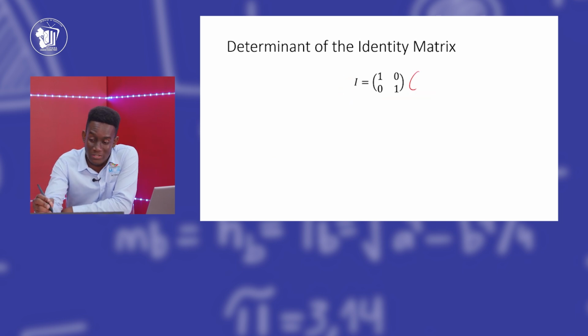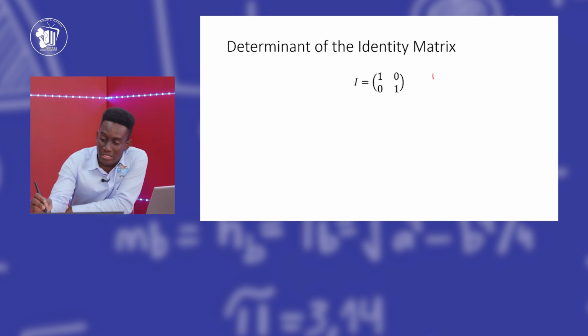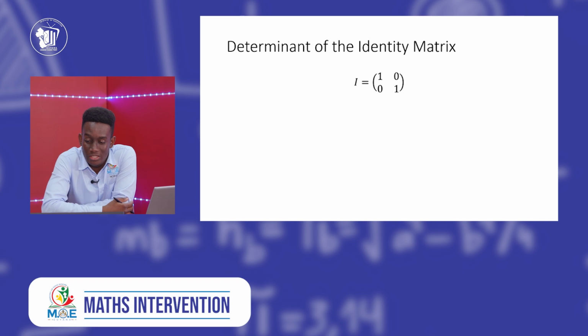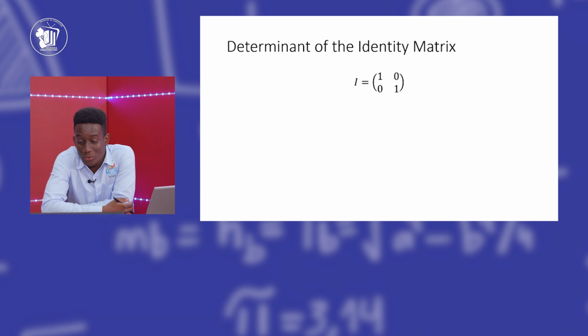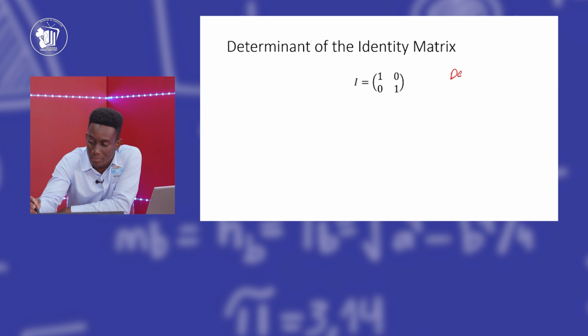If you multiply this matrix by another 2 by 2 matrix, such as 2, 1, 5, 1, the result will be the same matrix. To find the determinant of the identity matrix, what I can tell you is that the determinant is 1, without even working it out. That is one thing you should know. But let's just work it out so that you can see.